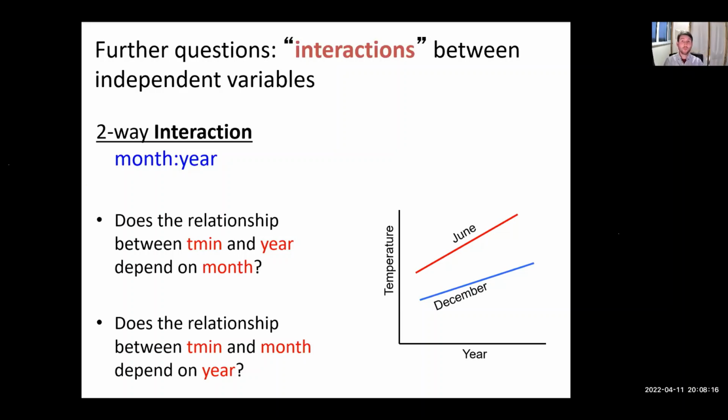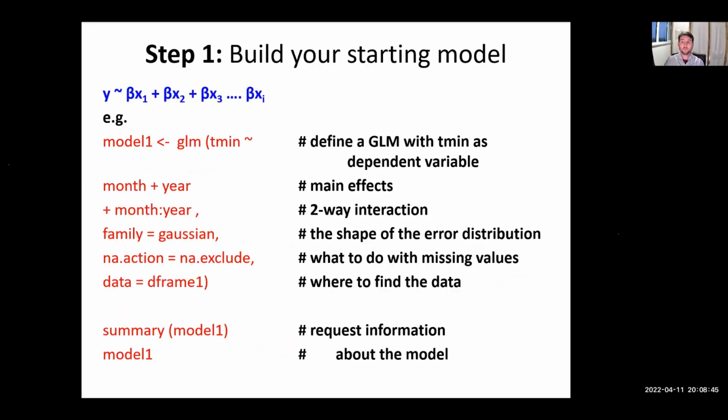So we don't have a huge amount of time, so I'm going to carry on with the idea of interactions. As I say, what if we didn't want to only see that same pattern across all the years? What about if the relationship between year and minimum temperature was influenced by which month it was? Then what we need is a two-way interaction.